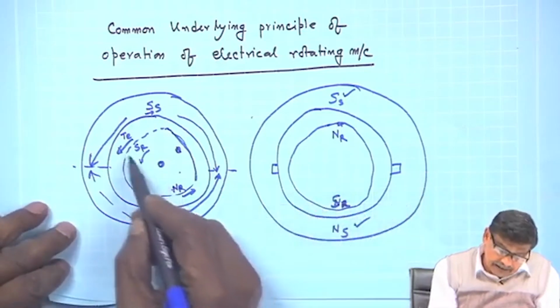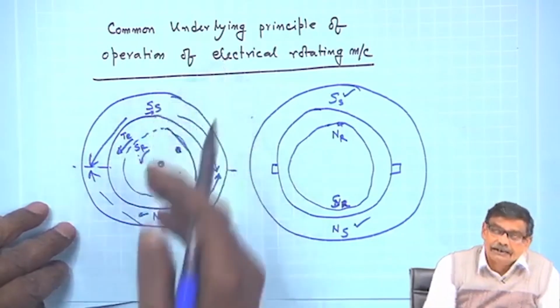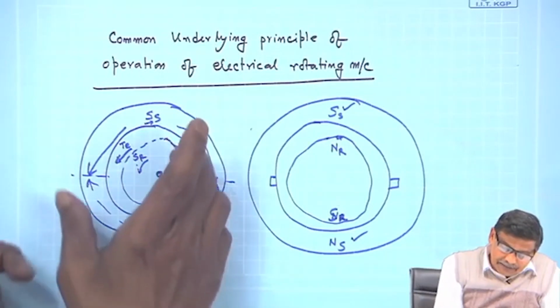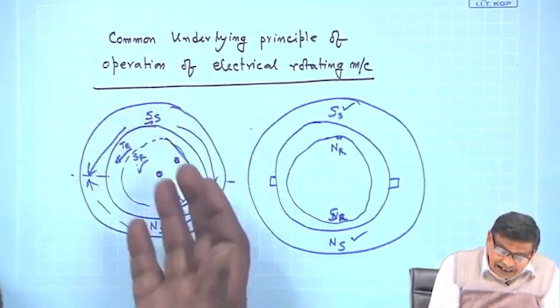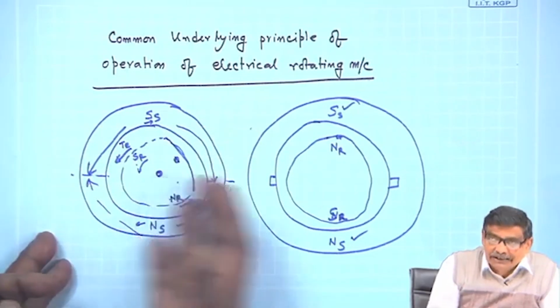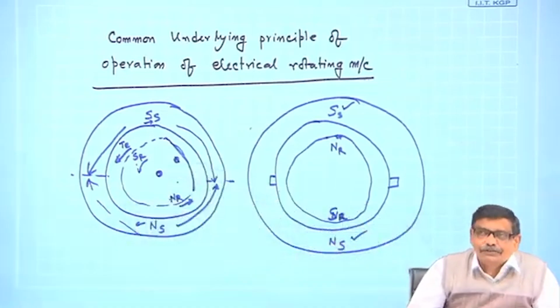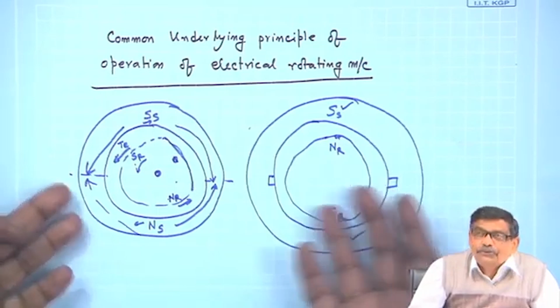Therefore, this S R N R, S S N S are produced by DC current. Then here the field S S N S cannot be moved, and that is why it is made with this fate, that after some time things go. Sustained electromagnetic torque is never produced here.